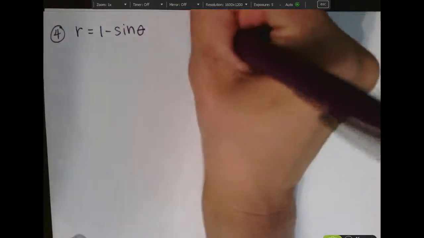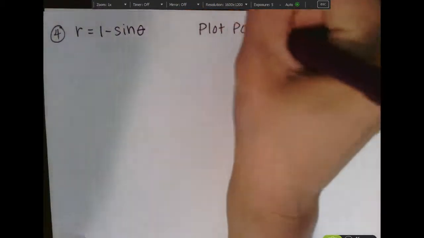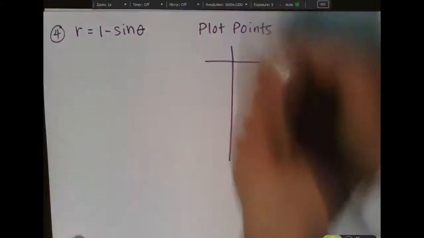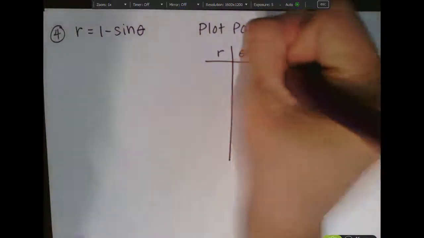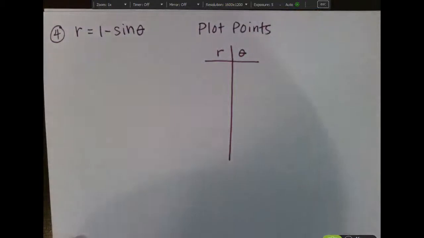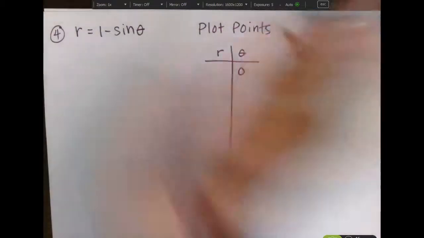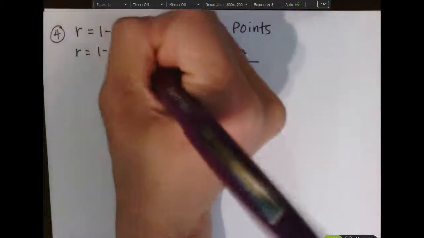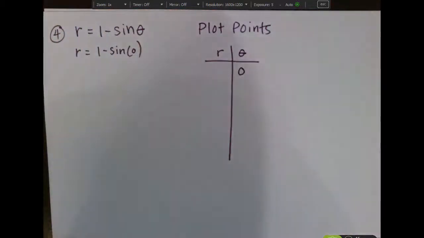So let's say we wanted to plot some points. We need some different theta values to give us some different r values, and then we could plot those points. So let's start with theta equals 0. And you have to use your trig, your unit circle.